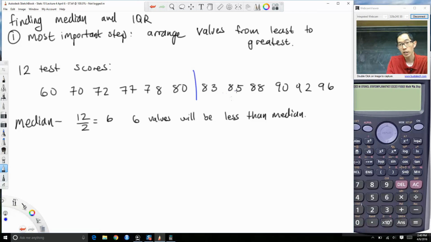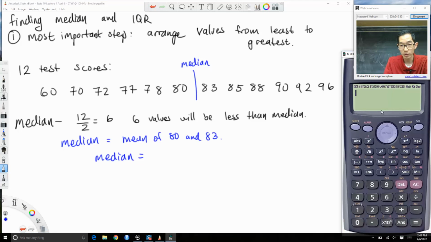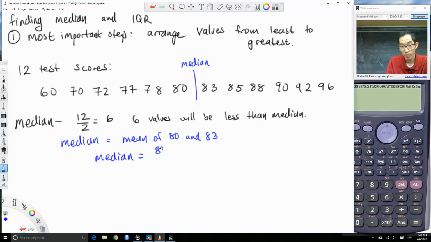So I've got 6 values that are smaller and 6 values that are larger. My median is in between 80 and 83, so it is the mean of 80 and 83: 80 plus 83 divided by 2. I get a median of 81.5.